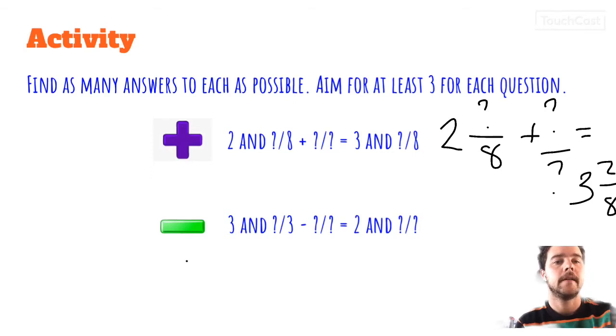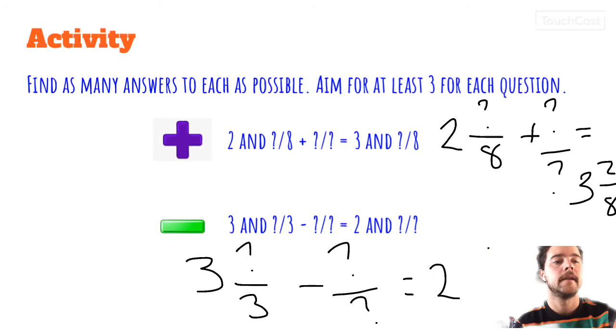And then down here is 3 and something thirds minus a fraction I'm not giving you equals 2 and again a fraction I'm not giving you.